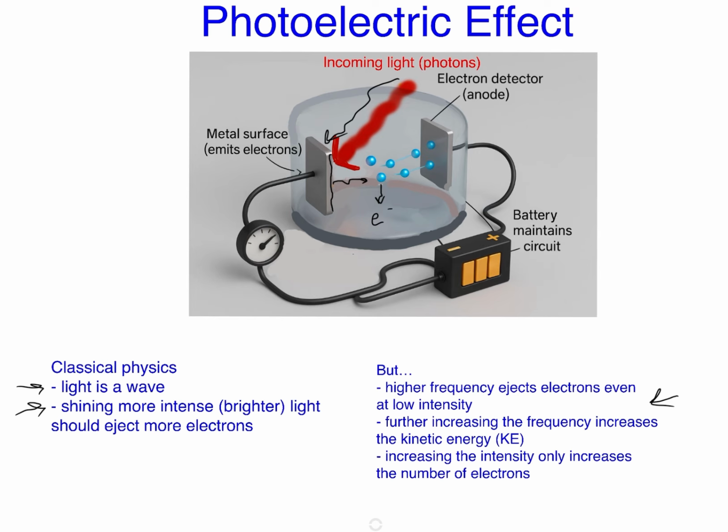Above the threshold frequency, electrons are ejected, and further increasing the frequency increases the kinetic energy. Increasing the intensity, making the light higher and brighter, only increases the number of electrons emitted, but not their energy.